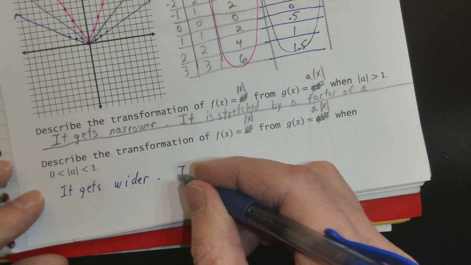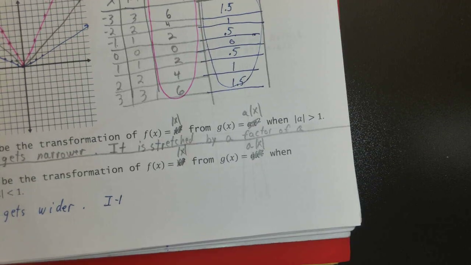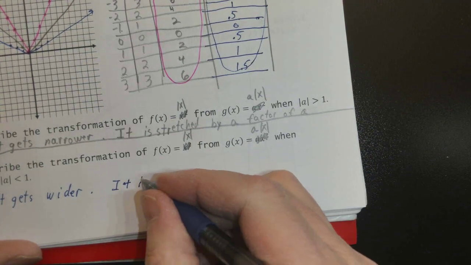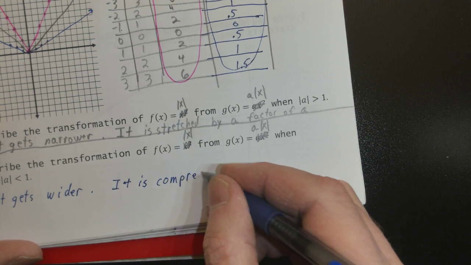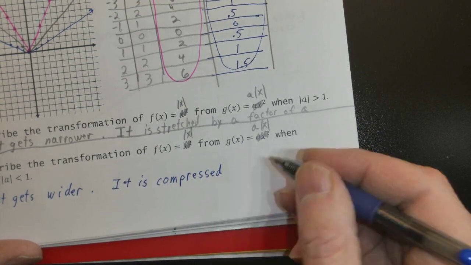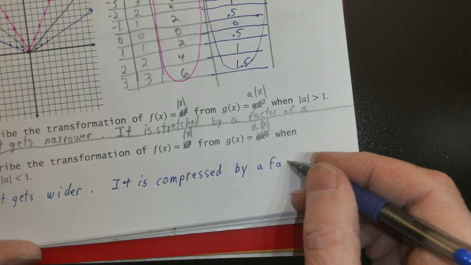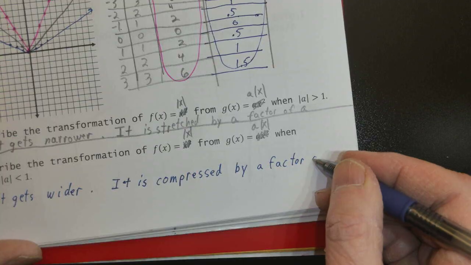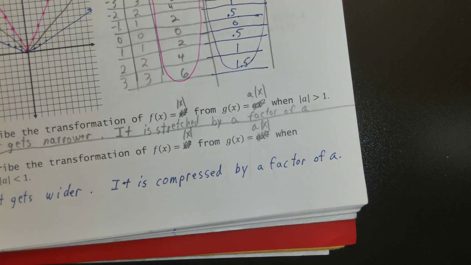And we say here, it's like you're pressing down on it. All right? And we will deal with that visual. Write this down. It is compressed by a factor of a. Bring the packet tomorrow, okay, guys? We will get into this a little more.